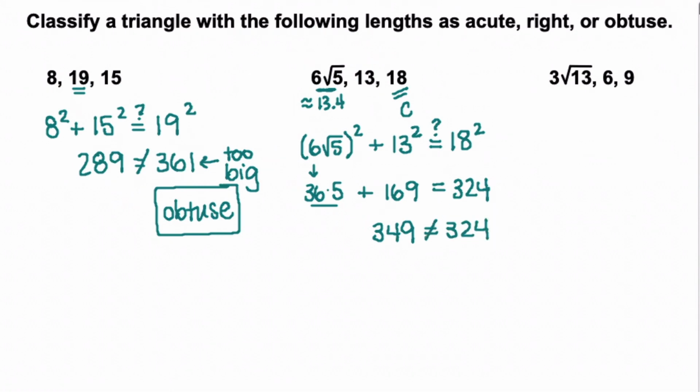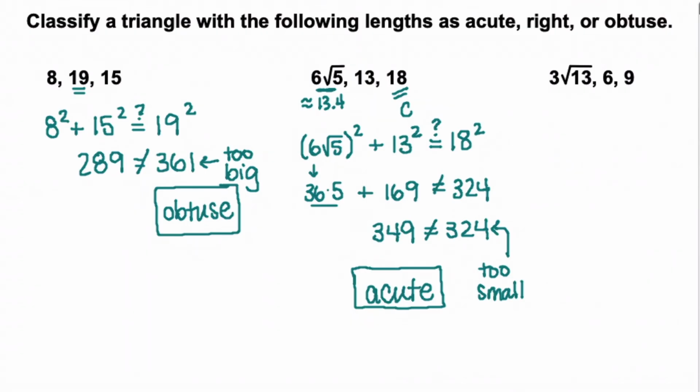So again, I found out that this is not a right triangle. Whose fault is it? It's the C side's fault. The hypotenuse was not big enough. It was too small to be a true hypotenuse. And if it's too small to be a hypotenuse, that makes this an acute triangle.